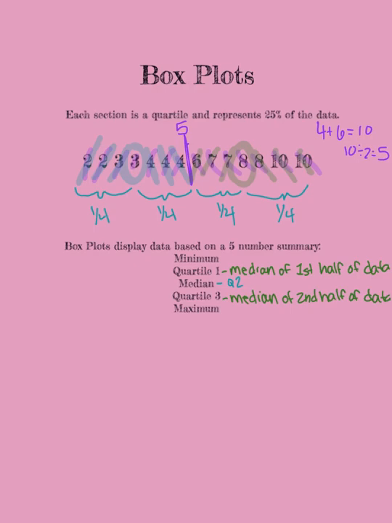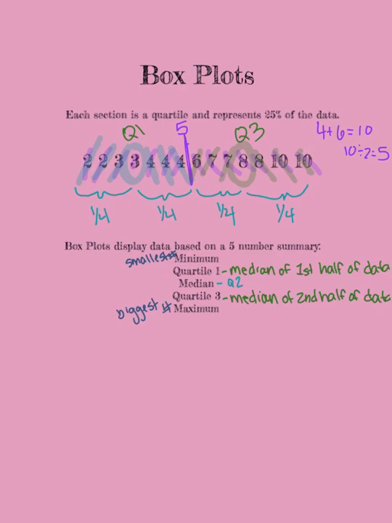In this set that we have right here, that's going to be this 3. So that's your quartile 1. Your median is your median, which was 5. Your quartile 3 is the median of the second half of the data. So that's your quartile 3. Your minimum is your smallest number and your maximum is your biggest number. So in this case, it would be 2 is your minimum and 10 is your maximum.